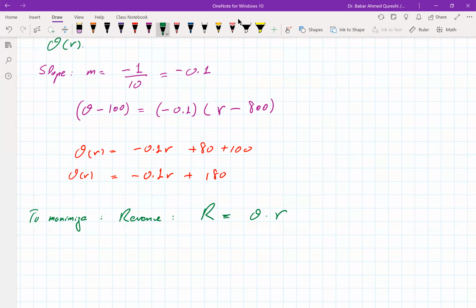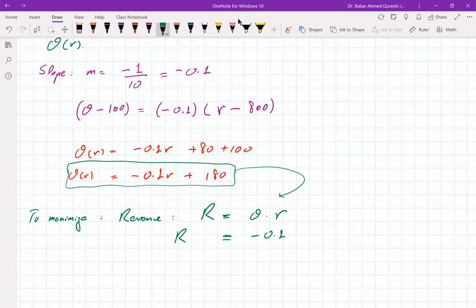That's your total revenue. As I said, in all of these problems, we will make the function which we want to maximize into a function of only one variable. So I have this O in terms of R, and I can just replace it here. Then R becomes minus 0.1 r square plus 180 r.